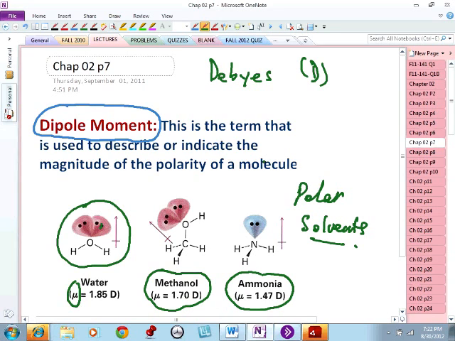Generally, a molecule will have a net dipole moment if that molecule is asymmetrical.